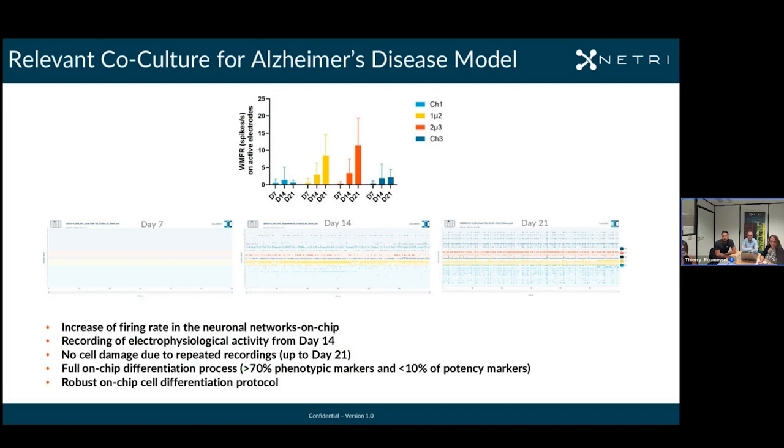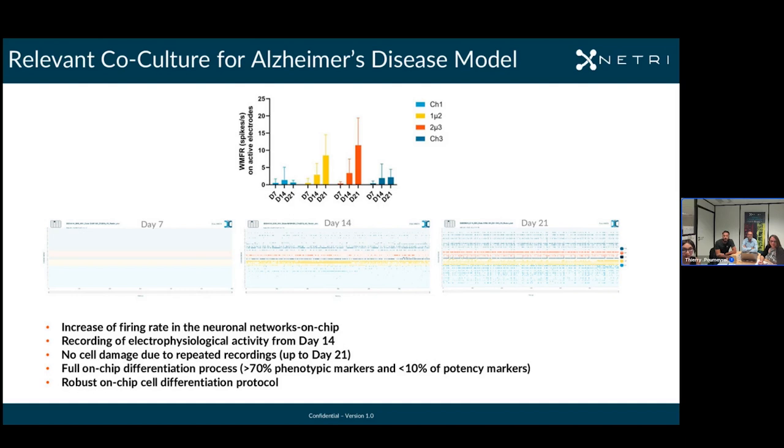Having this co-culture is good, they look good, so the morphology is nice, but what is important for us is to make sure that we are able to record what's happening inside of them and how they communicate. Here we can see the evolution of recordings throughout the culture to make sure that they reach a point when they are mature enough to have electrophysiological activity.